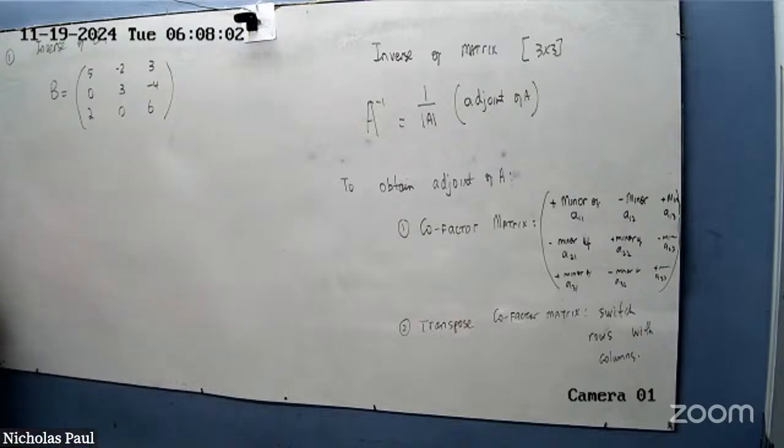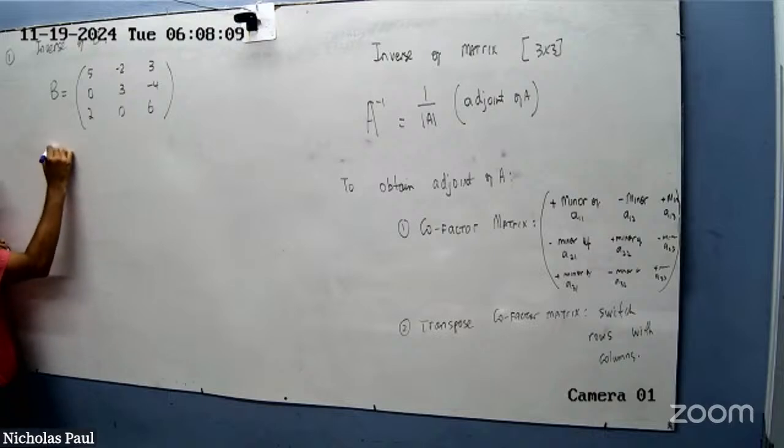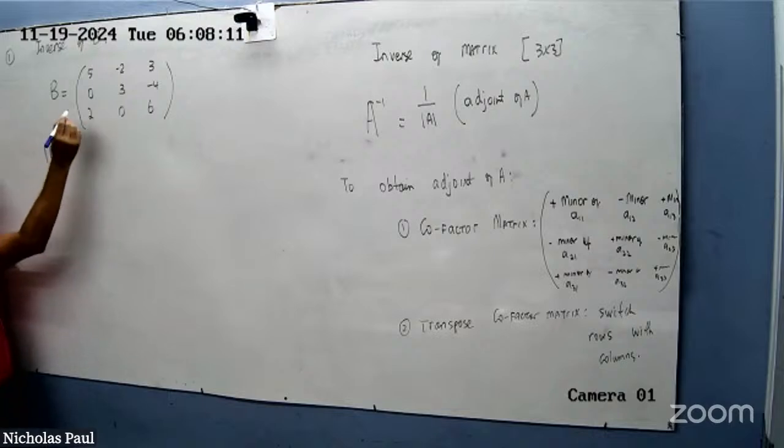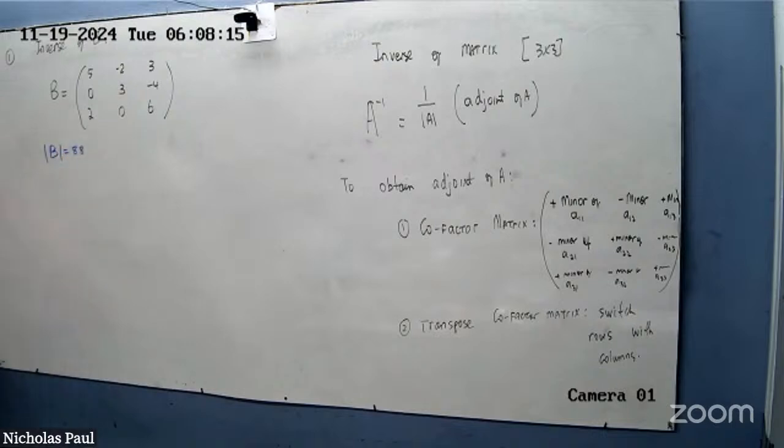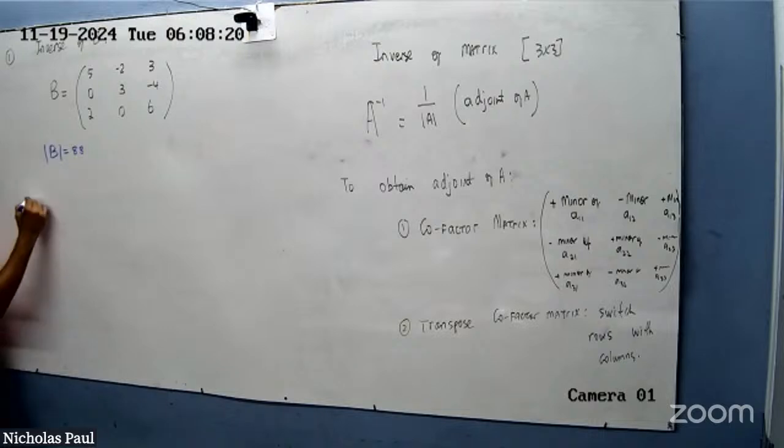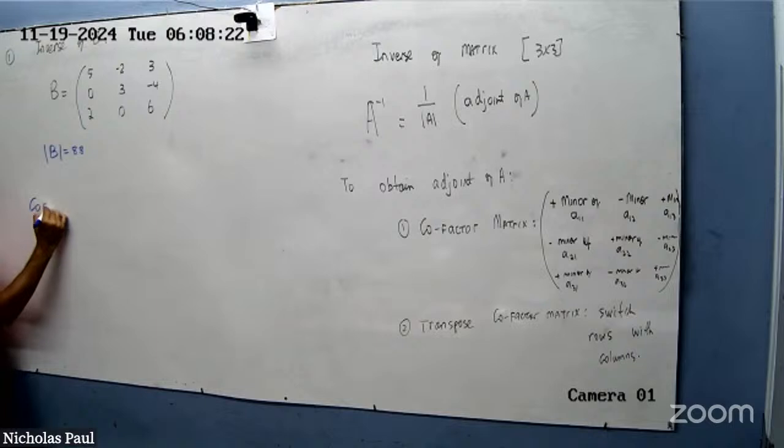So step number one is let's find the determinant first. I'll do this one, bam, bam, bam, and the answer is 18. Trust me. Next, cofactor matrix. Watch this here.